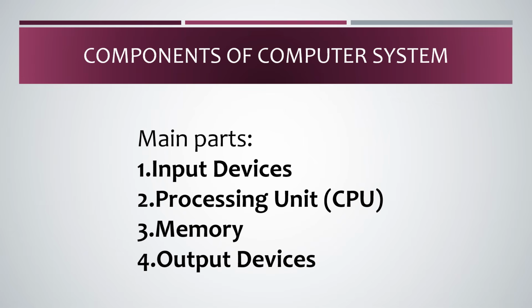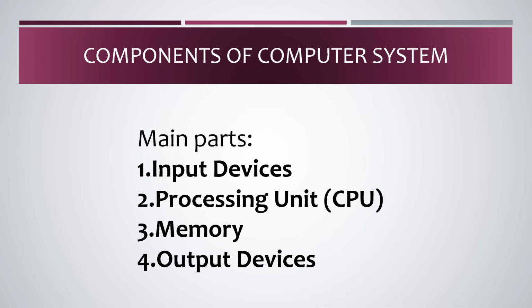The first one is input devices, the devices that we use to give input to the computer. The next one is the processing unit, the main brain of the computer. The CPU, central processing unit, is used to work on the input given by the input devices.